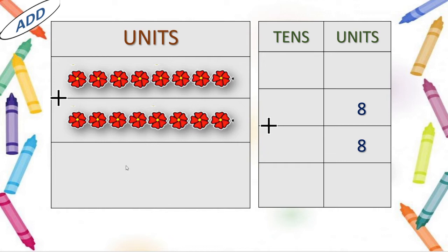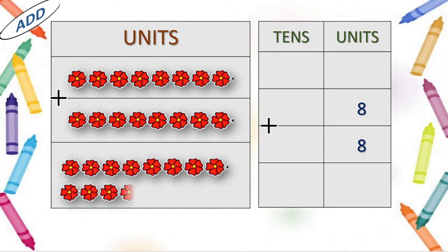Now what is the total of 8 and 8? Let us count. 1, 2, 3, 4, 5, 6, 7, 8, 9, 10, 11, 12, 13, 14, 15, 16. The total of 8 and 8 is 16. I am going to write here 16.